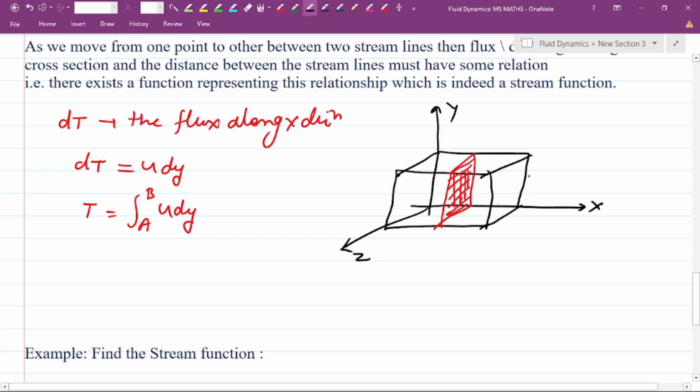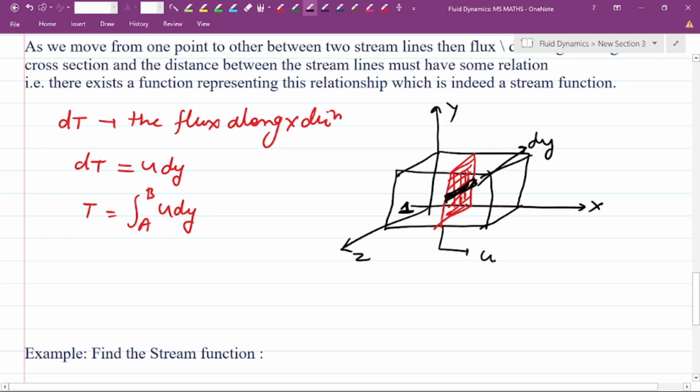And if it is my strip, or the particular strip, it is basically the dy. It is along the y direction, and this direction is the unit direction. So it is the unit strip.